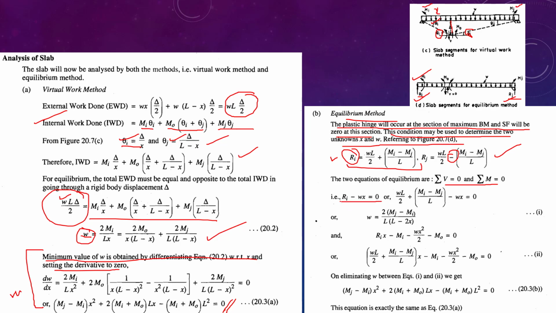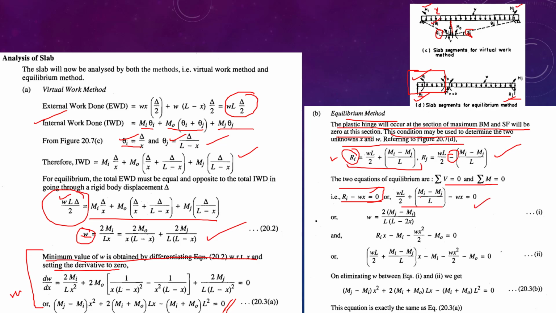So Ri minus Wx is equal to 0. We are considering this part where the possible failure in positive moment happens. So Ri minus Wx is equal to 0, first equation. For the right hand side, W L by 2 plus Mi minus Mj by L is equal to Wx.